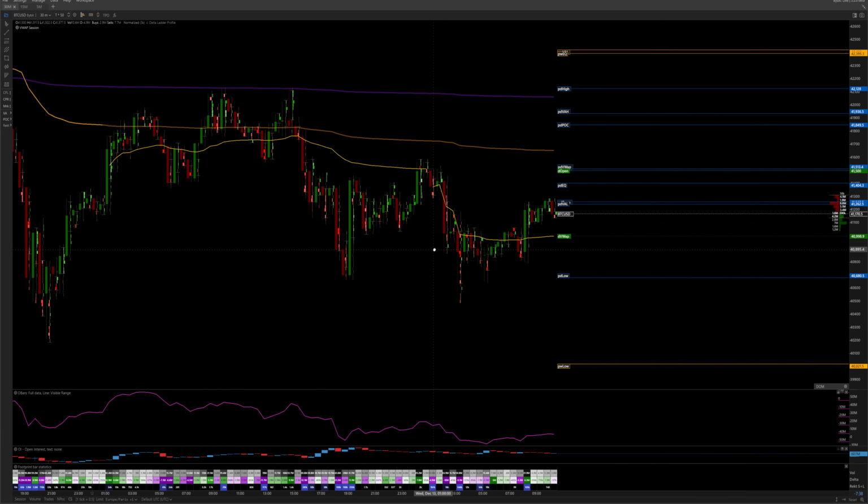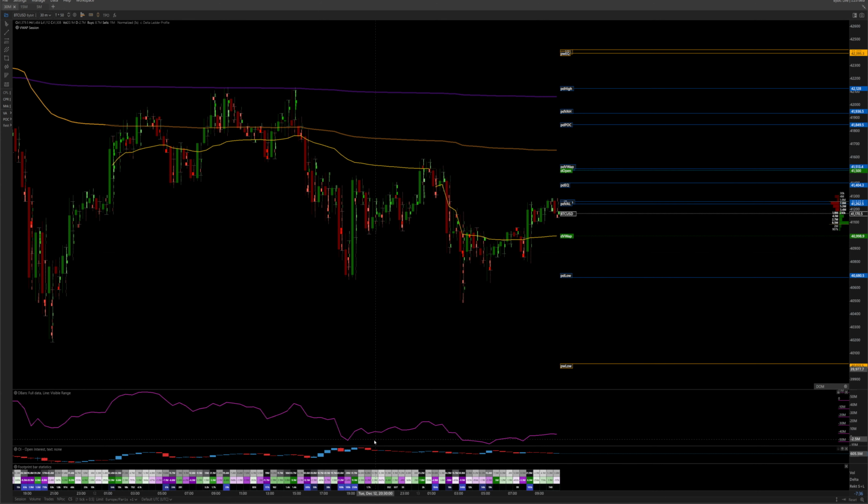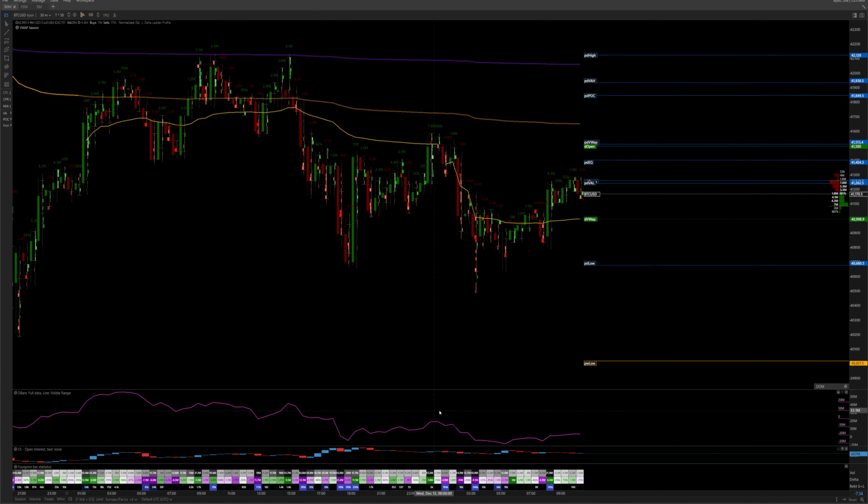But the premise will have some bullish divergence with this. But we don't have so many shorts here, to be fair.